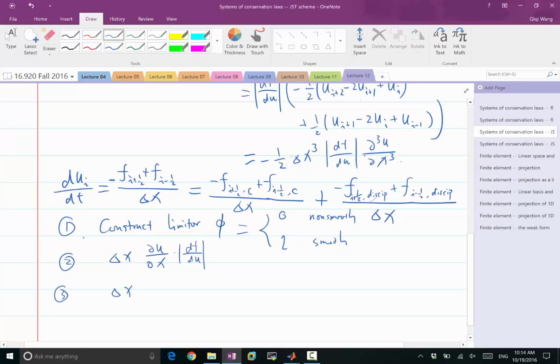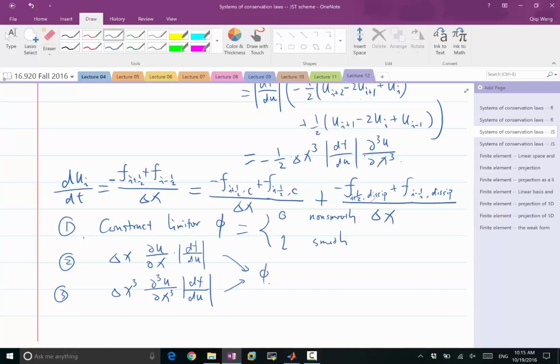And the third step is to construct a numerical dissipation proportional to the third order derivative that is going to give us a fourth order dissipation. And then combine them using the value of phi in such a way that if phi is equal to 1, then we are purely using the third order derivative, and if phi is equal to 0, we are also going to be using the first order derivative.